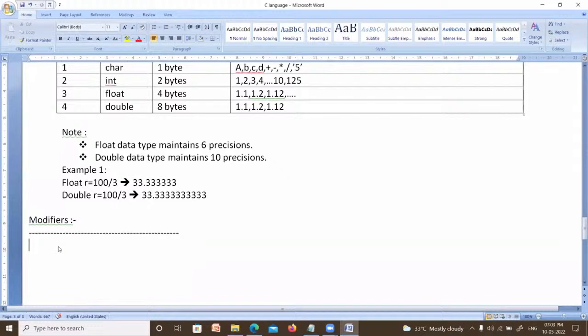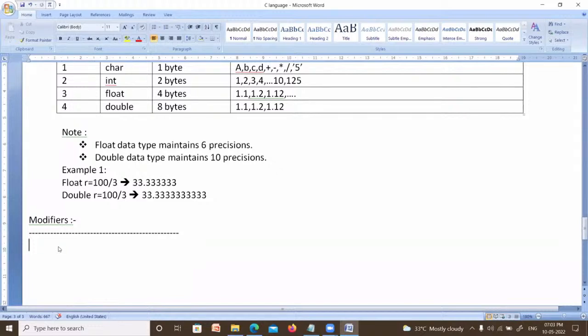Fourth one is unsigned. These 4 are the types of modifiers. Suppose I want to increase the size of integer, then I have to write long integer. It will increase the size of integer. Suppose I want to decrease the size of integer, then I can write short integer.